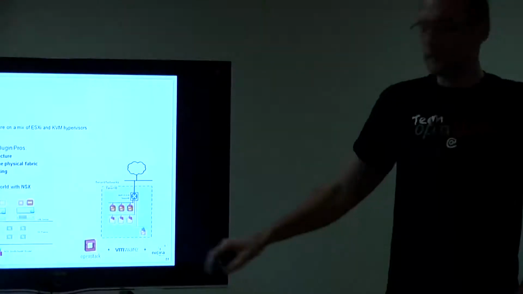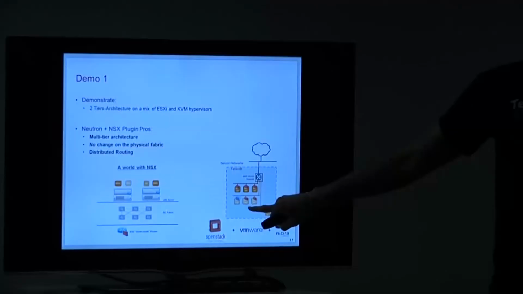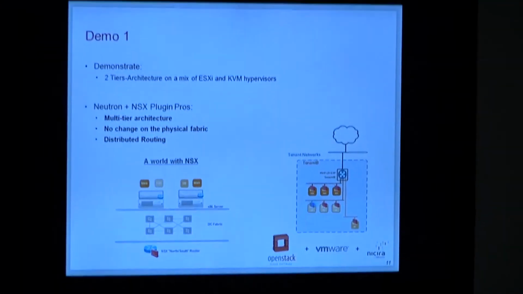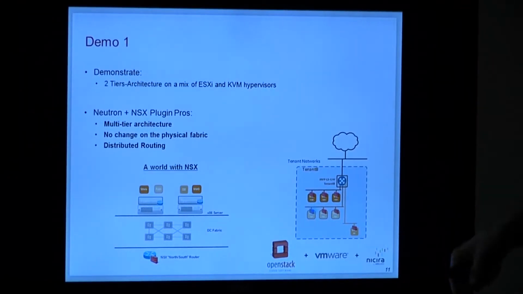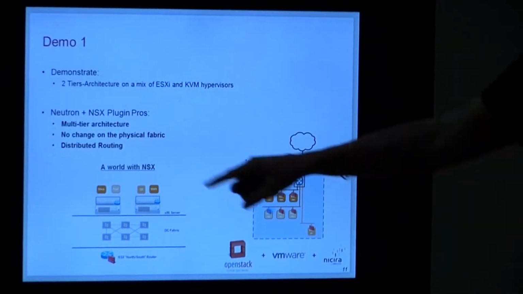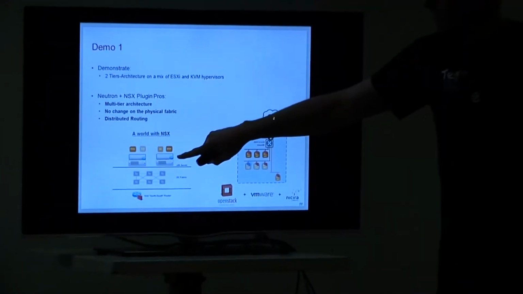Make sense? With us, what we have is called distributed router. So this router is actually a little bit everywhere. And when I use the same example, DB talks to app. The VM doesn't know anything. The VM still talks to its default gateway. Transparent to any application, any operating system, any TCP stack, or IP stack.